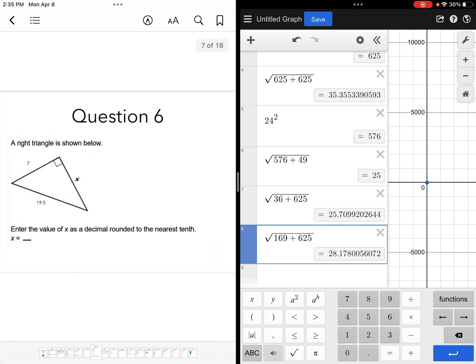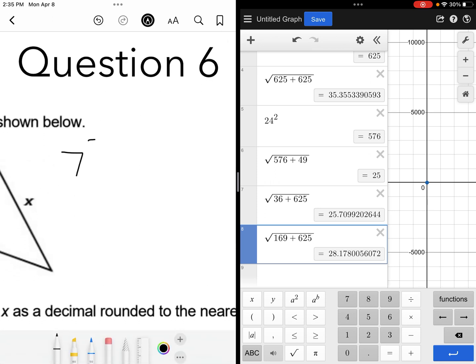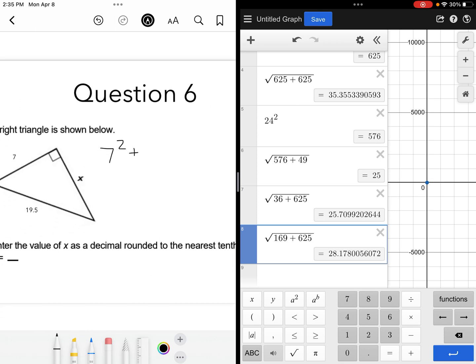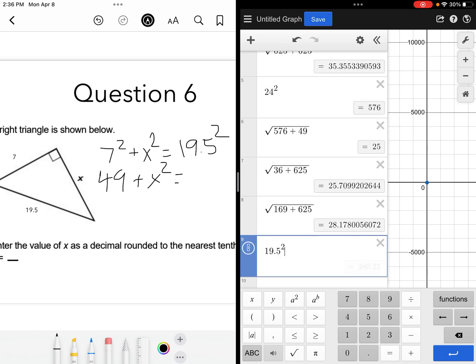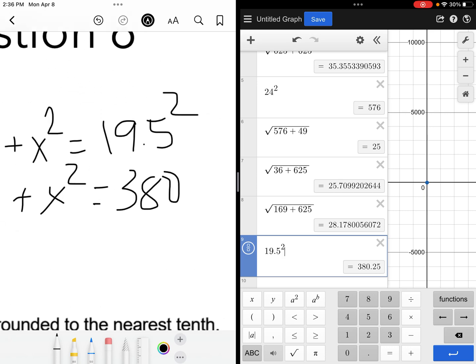All right, the next one, it says enter into the nearest tenth. So I've got a leg and a hypotenuse. So 7 squared plus x squared equals 19.5 squared. So 49 plus x squared equals 19.5 squared, 380.25.